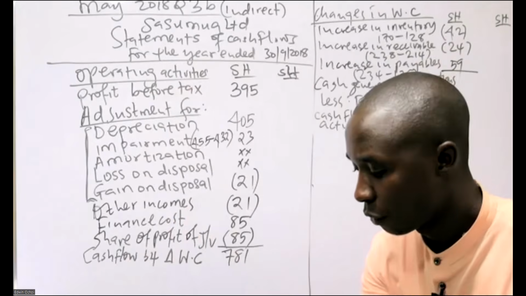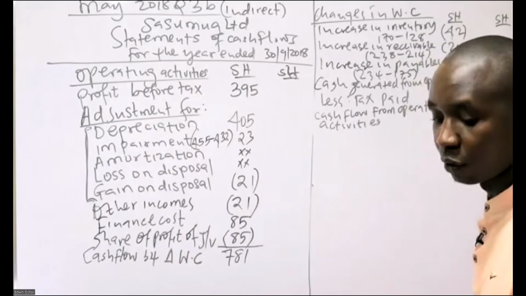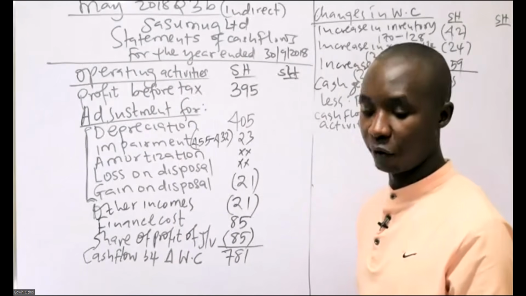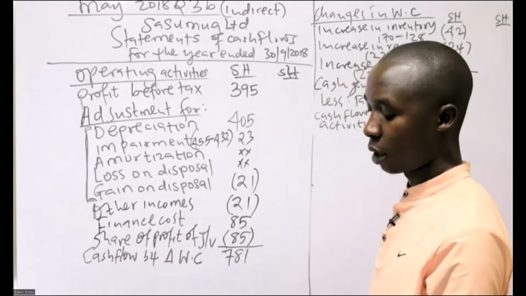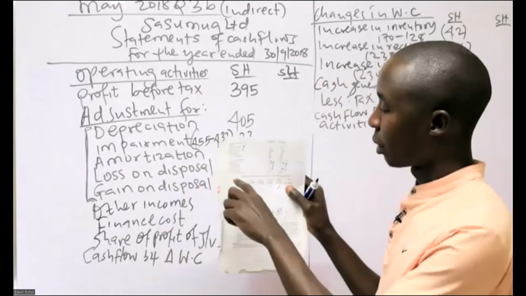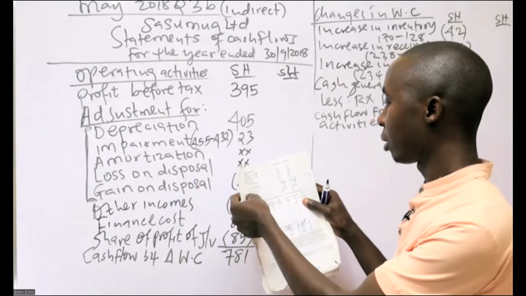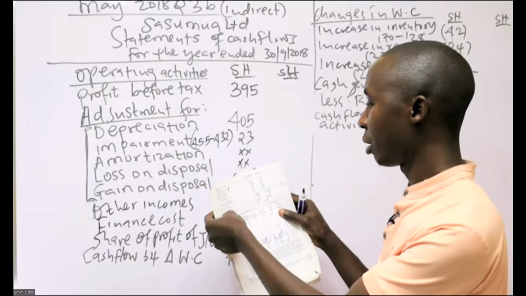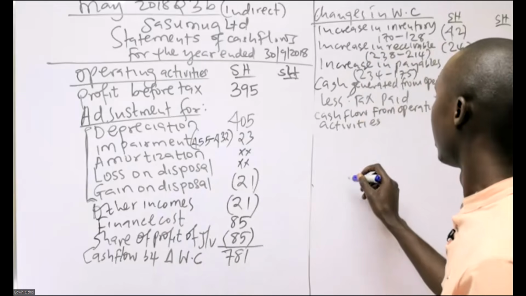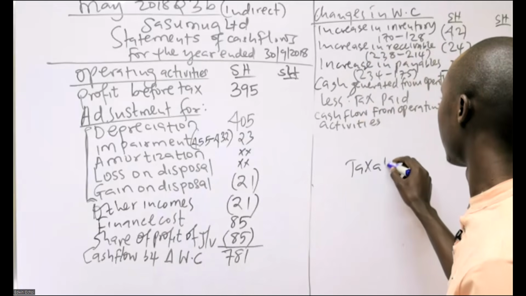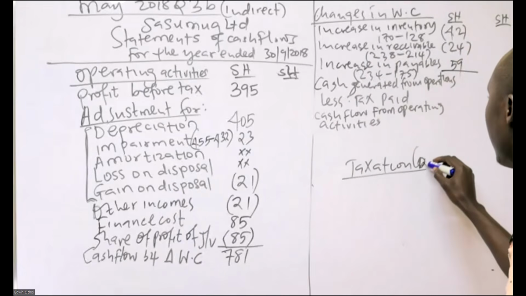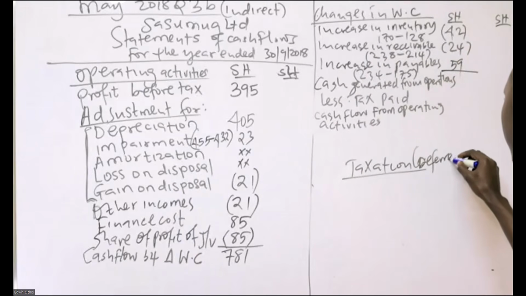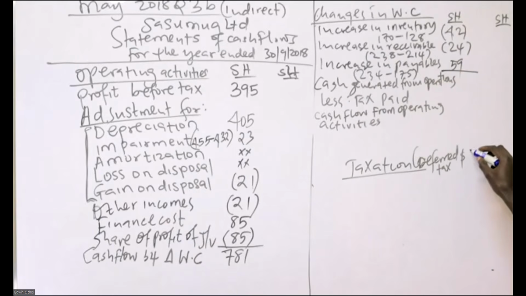As I do the working for tax here, we have to consider if there's current tax and deferred tax, which I can see we have both. Under non-current liabilities we have deferred tax, and under current liabilities we have current tax. So for the working for tax, we consider both deferred tax and current tax.